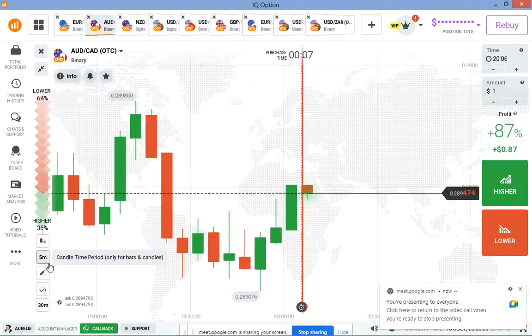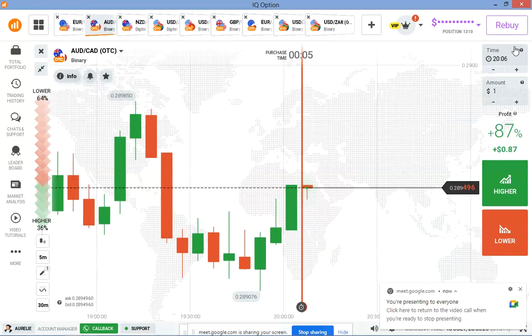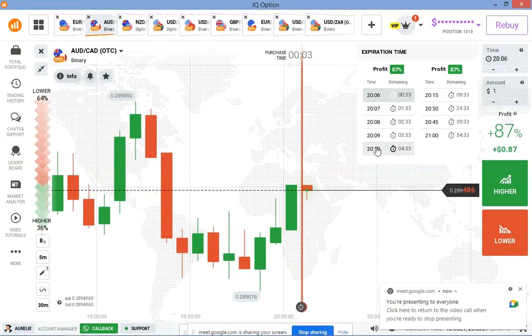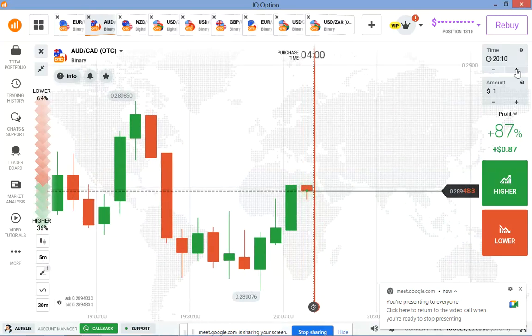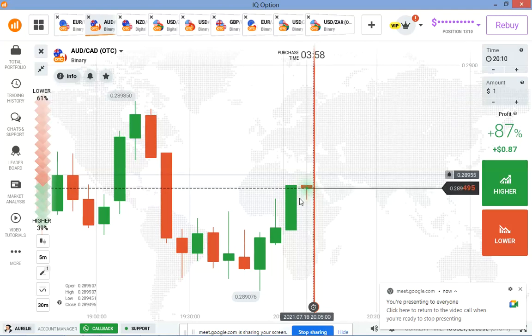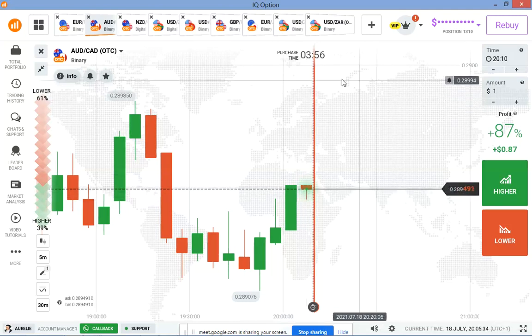Like now, if I'm using 5 minute candle time period, that means I'm going to set my expiry time to be 10. So the market is going to run, this candle is going to close once it is 5 minutes.